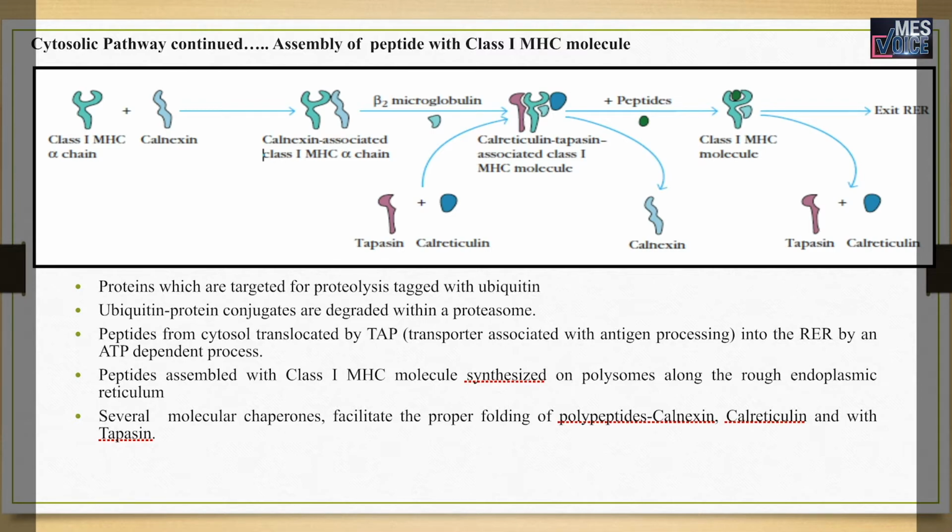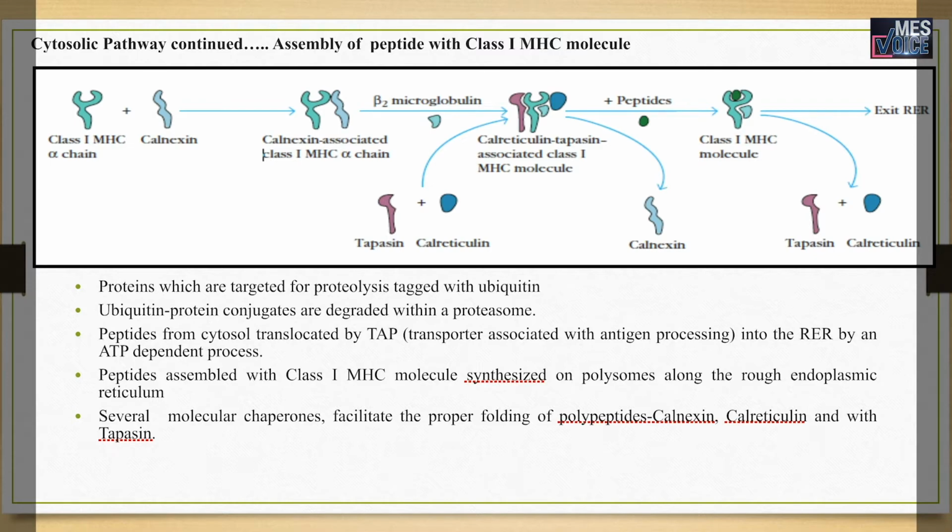This binding of the antigenic peptide is assisted by tapasin. This tapasin is present on the rough endoplasmic reticulum membrane, and calnexin is replaced, and now the other two molecular chaperones, tapasin and calreticulin, associate with class 1 MHC molecule. The expanded form of tapasin is TAP associated protein.